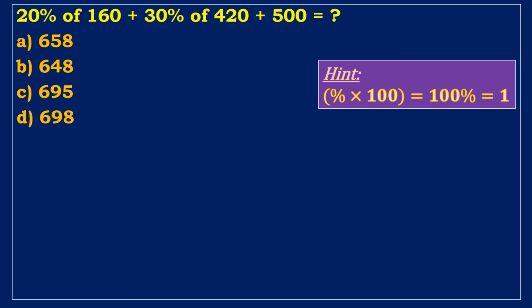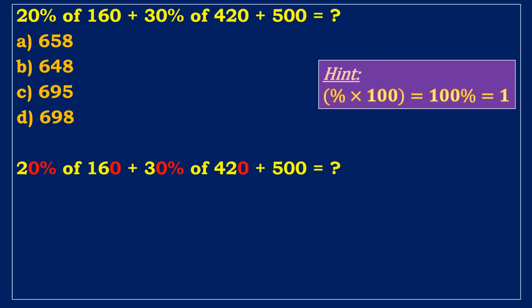Remember that 1% is 1 divided by 100. So, dividing the percentage by 100 yields 1. If a percentage and 100 appear in the calculation, simply ignore the percentage and two zeros. The first part of the equation in the given question contains a percentage and two zeros, so completely ignore them.